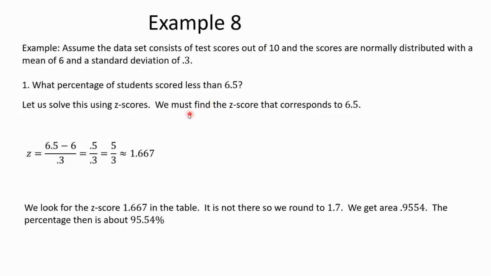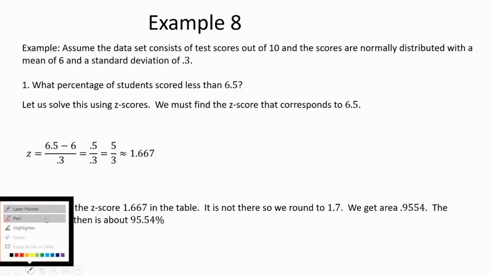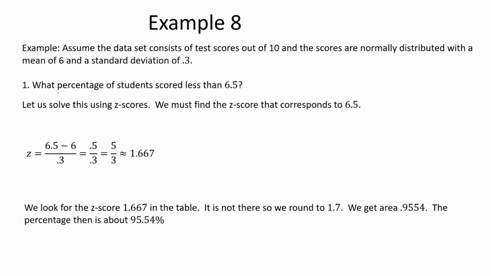Well, if we find the z-score, right? We want a percentage of scores, so we first want to get the z-score. Essentially what we're going to get is the area under the graph. So the first thing we get is the z-score for 6.5.